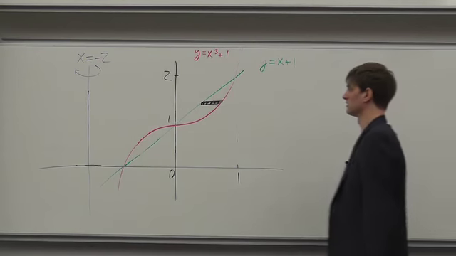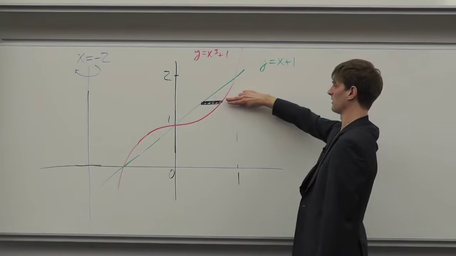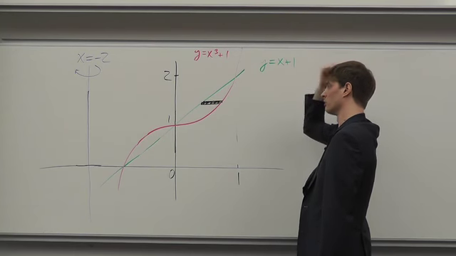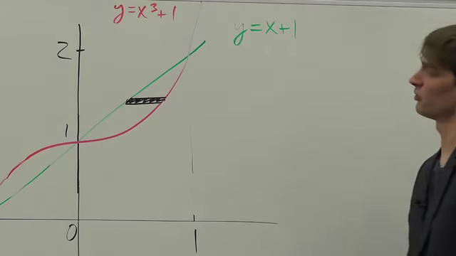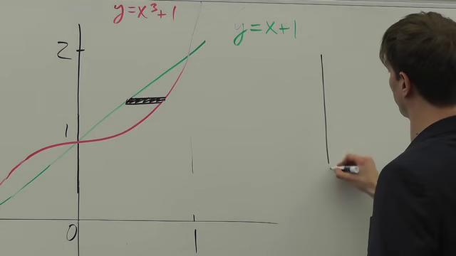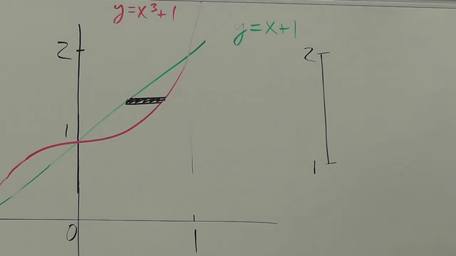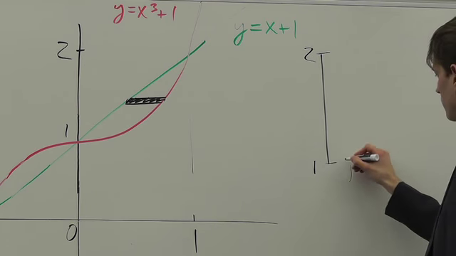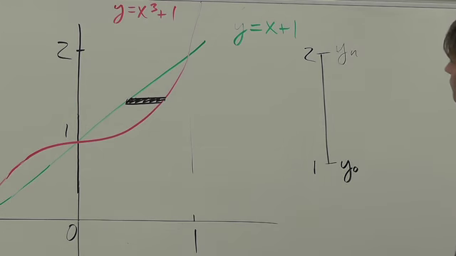Okay, so let's look at this. If we're chopping this region up into these horizontal rectangles, what we're really doing is chopping the interval from y equals 1 to y equals 2. So here is y equals 1 to y equals 2. I'm going to draw it vertically because that's normally how we think of y. So first point we're going to call y0, last point yn.